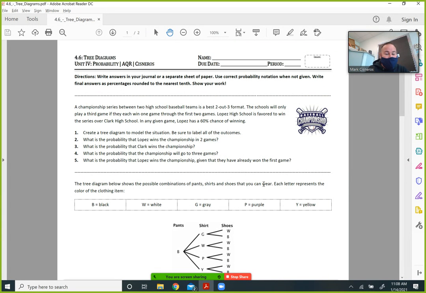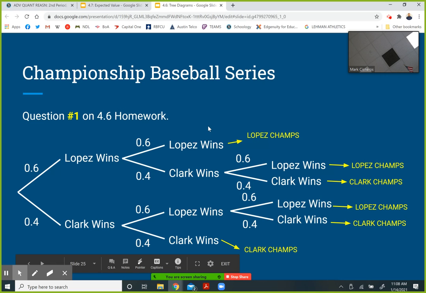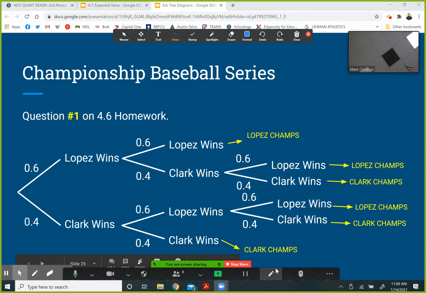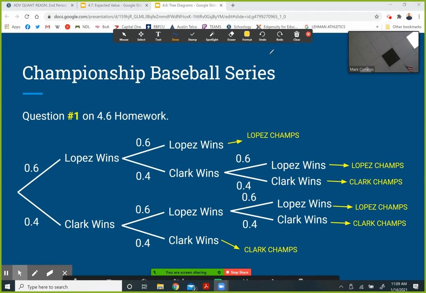Number 4 says, what's the probability that the championship will go to 3 games? I want to make sure that I use the correct probability notation, and I'm just going to write 3 games.